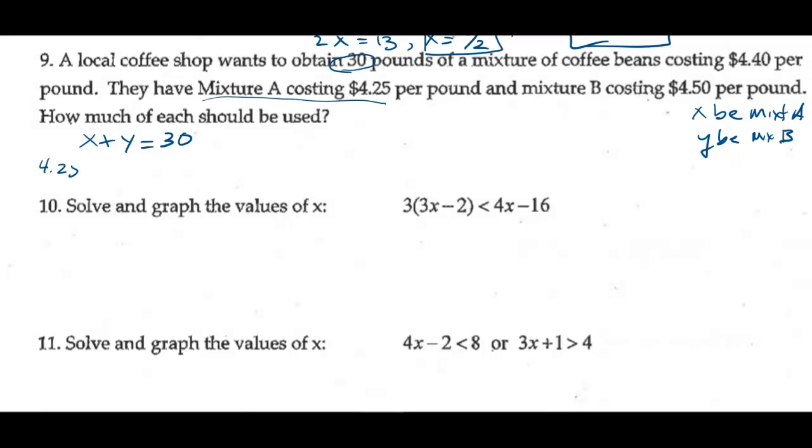So 4.25 times however much mixture A you have. Mixture B is $4.50 times however much mixture B. You're going to get a final mixture that costs $4.40, and you're going to have 30 pounds of that.